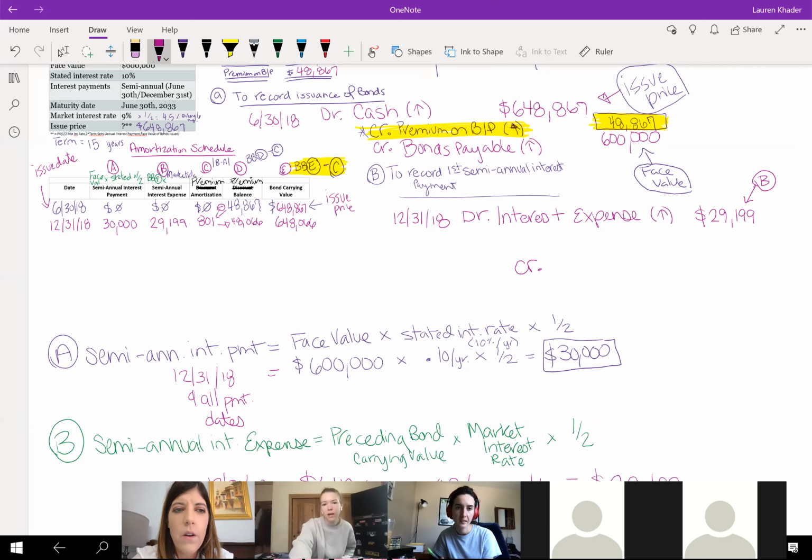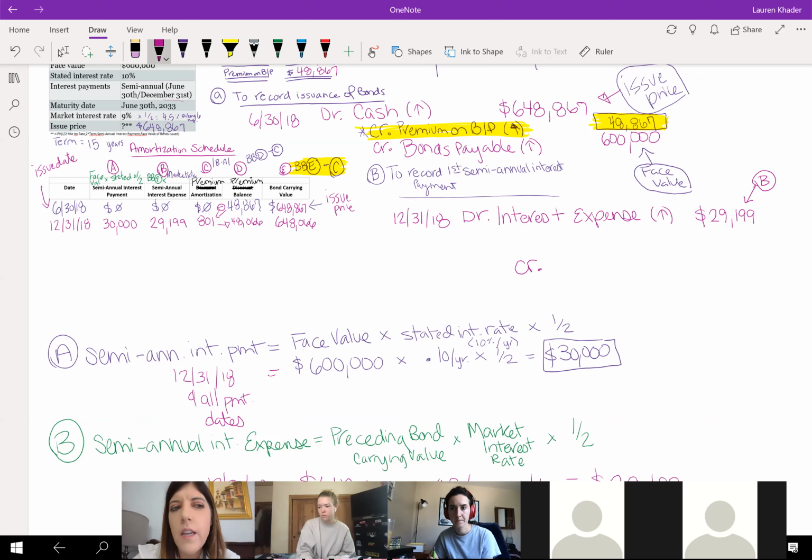So we're going to pay out cash. Cash. Were you thinking interest payable? Anybody? Why is it not interest payable? Is it because it started at the end of June, not the beginning? Partially, yes, because the 6-month period kind of falls into that.